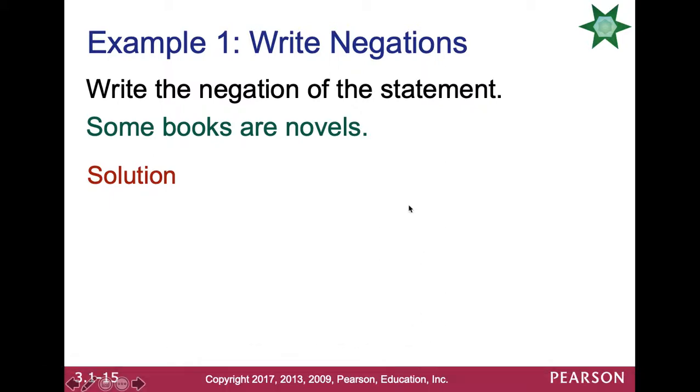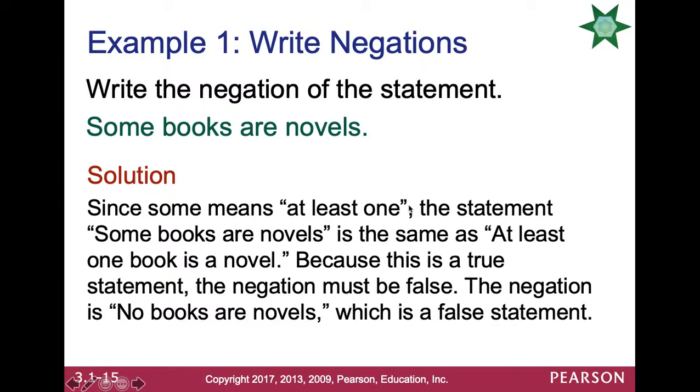So if we look at the solution to this, there's at least one. The statement some books are novels is the same as at least one book is a novel. This is true. The negation has to be false. The negation of this is no books are novels, which is indeed a false statement.